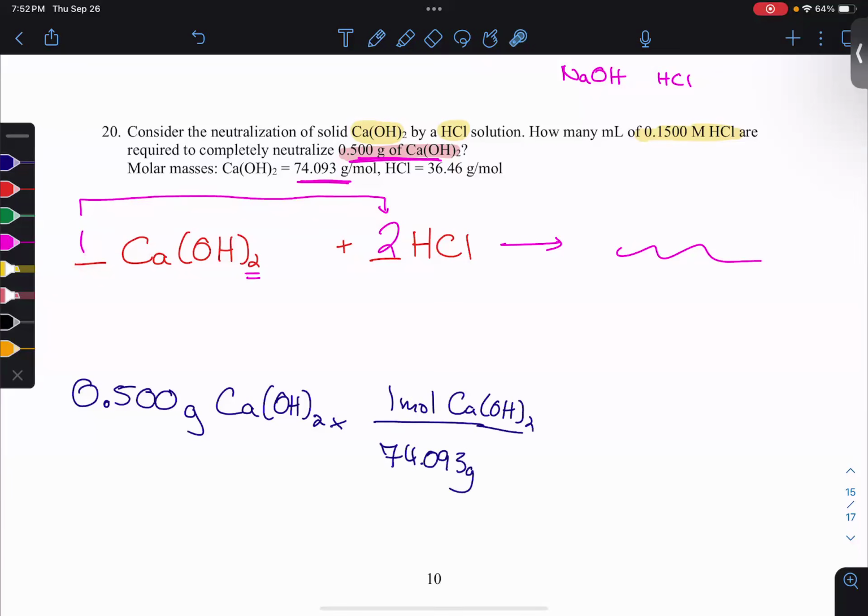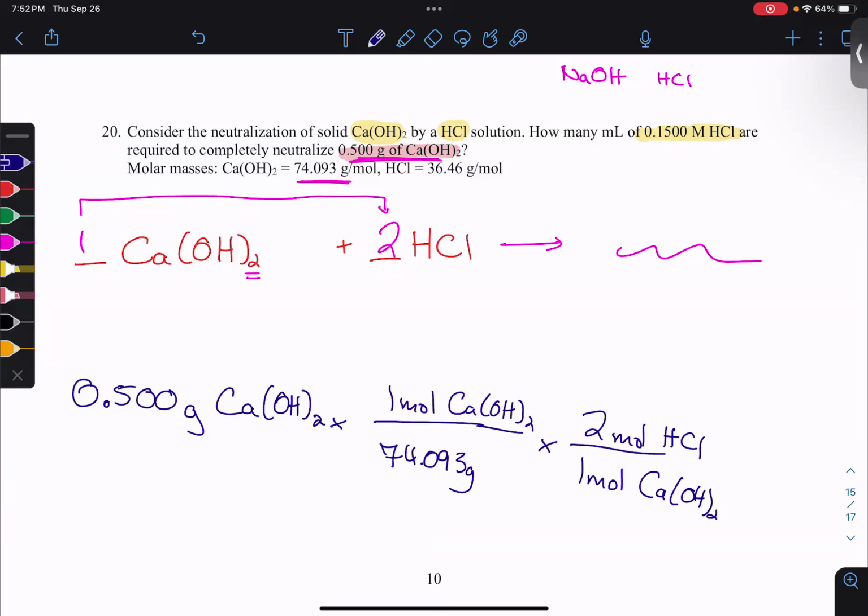Ride the bus, yes. We can go from moles of calcium hydroxide to moles of HCl that I need to do this neutralization reaction. So what am I gonna do next? I'm gonna use the stoichiometry. Where is the 2 gonna go? Top, 1 mole of calcium hydroxide, 2 moles of HCl.